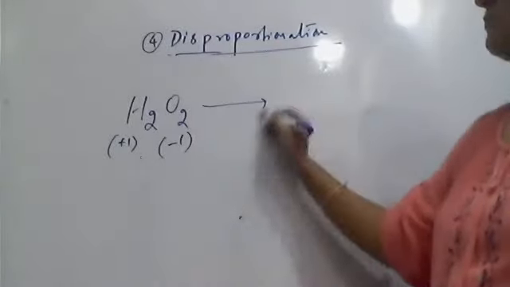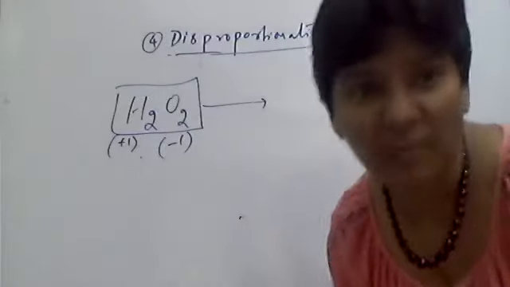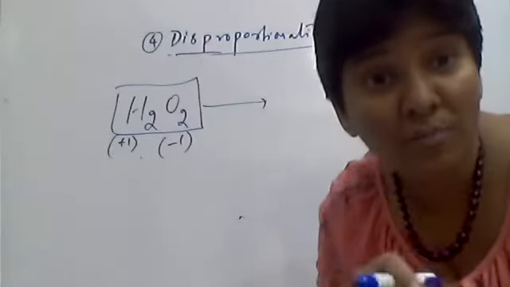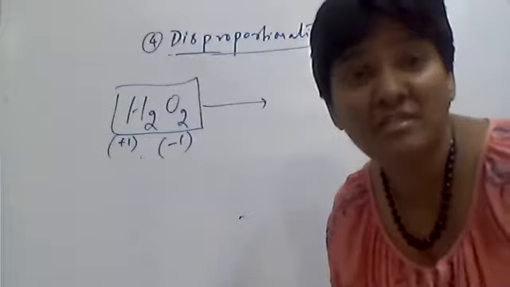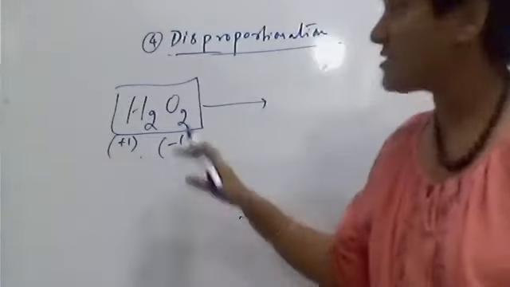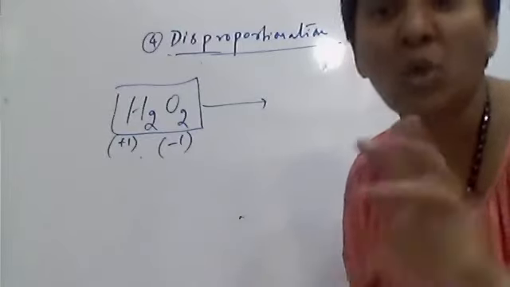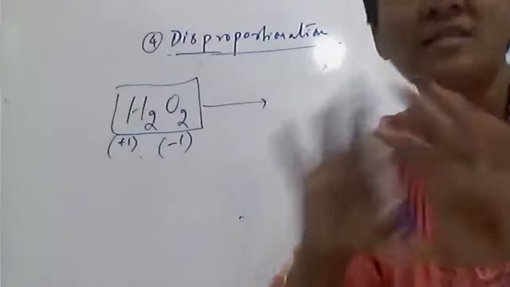So in this reaction itself, this H2O2 is unstable. Remember, hydrogen peroxide is always preserved in a freeze. In a chemical laboratory or in hospitals, it is stored in a freeze, in cold condition, because under normal room temperature it is unstable.